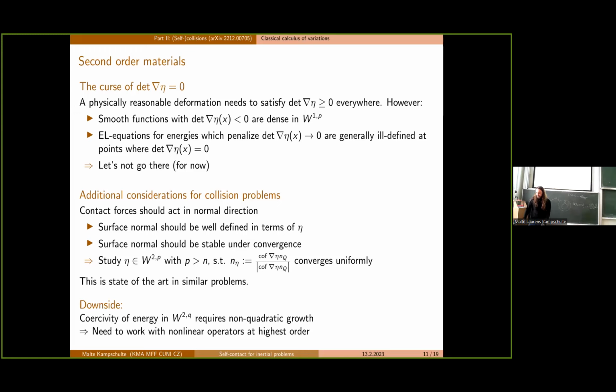To make this work properly, you would also have some Q growth, no, should be P growth, I think, but anyway. Just messed up the letter, which is non-quadratic. You have nice coercivity, which means later on your differential operator is a nonlinear operator at highest order, which can introduce some other difficulties.